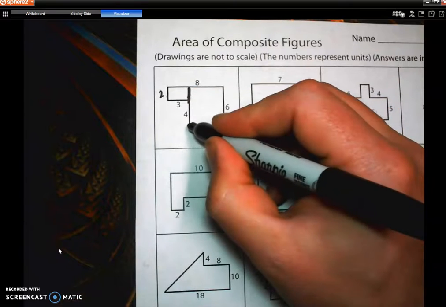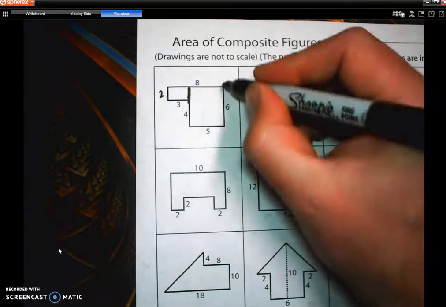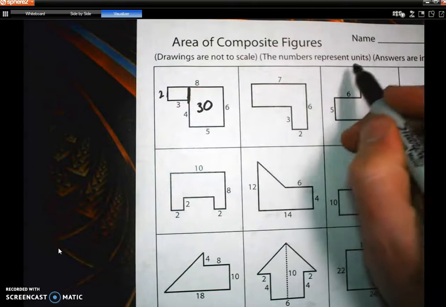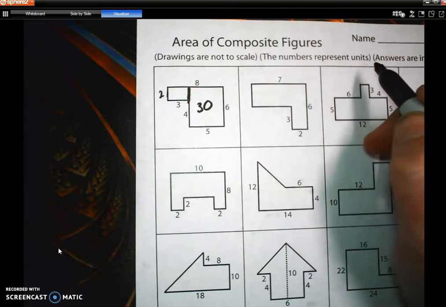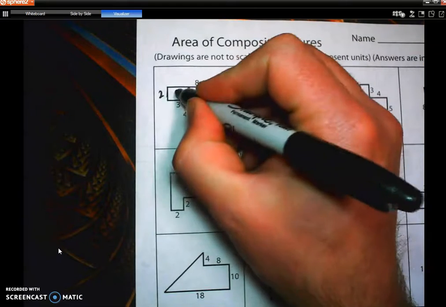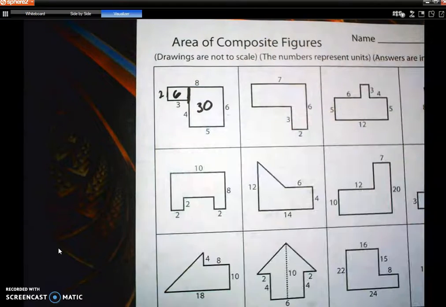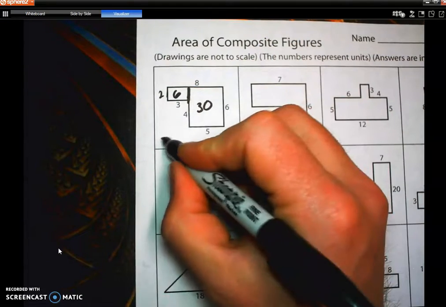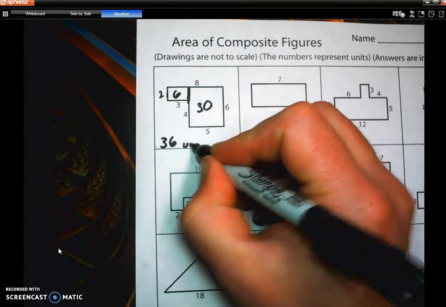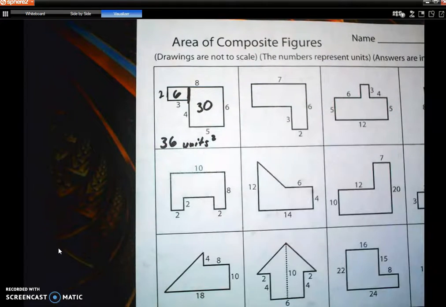In this case, 5 by 6. This total area is 30. And notice there's no units. We're just trying this out. And this area is 3 times 2, which is 6. So the total area of this shape is 36 units squared.